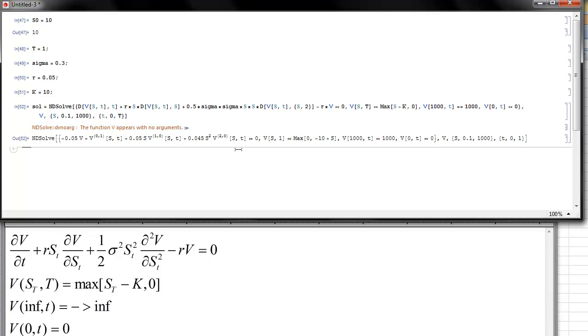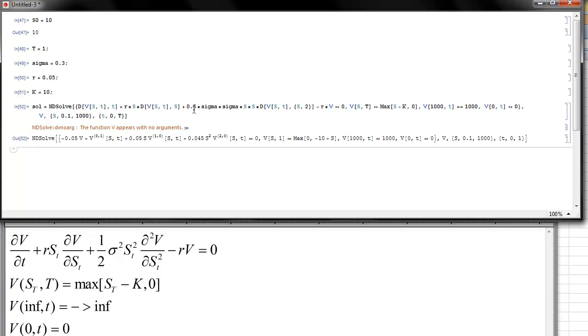There is a mistake somewhere. I'm really confused. The function appears with no arguments, so let's see where it is. Where is the problem? Here we have the arguments.